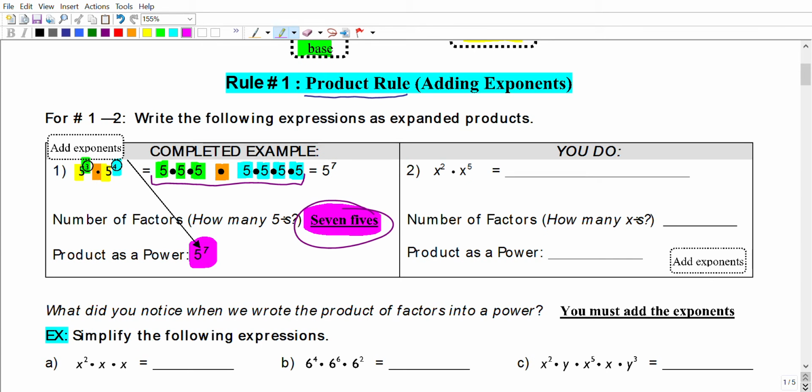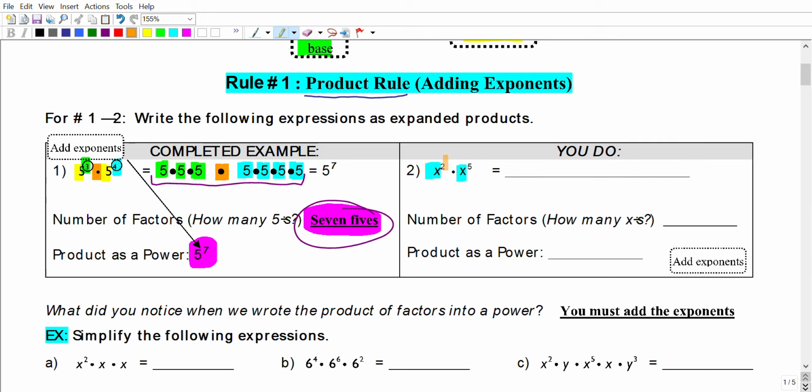Let's do a similar problem over here on the right. Let's write a few things down. Notice again, I have a base of x and a base of x, so we're dealing with x's.